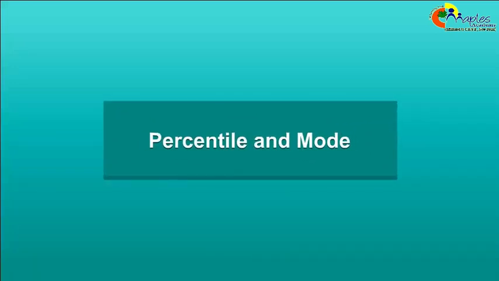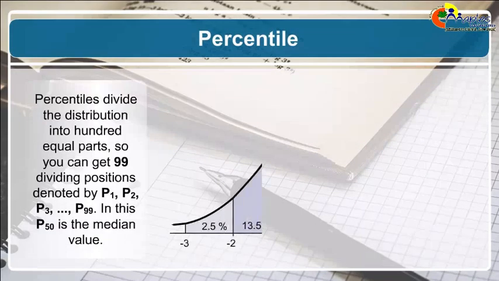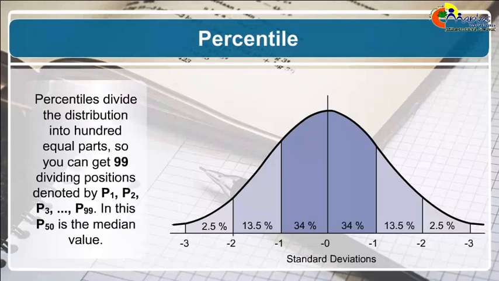Percentile and mode. Percentile. Percentiles divide the distribution into 100 equal parts. So, you can get 99 dividing positions denoted by P1, P2, P3 and so on till P99.